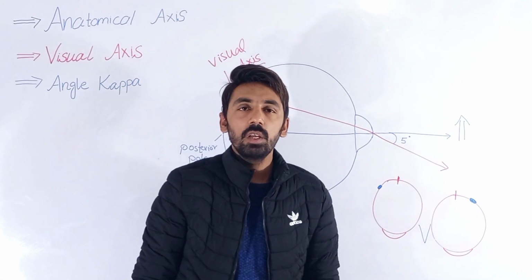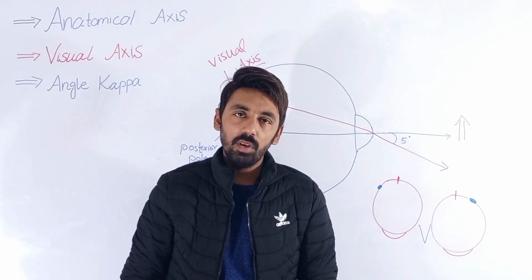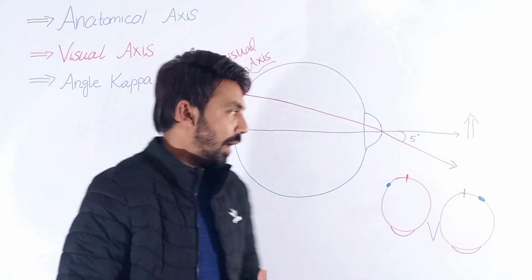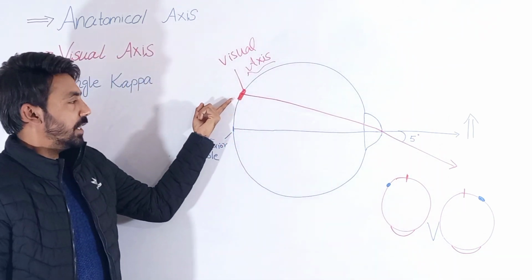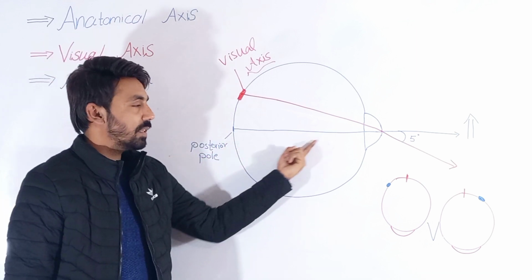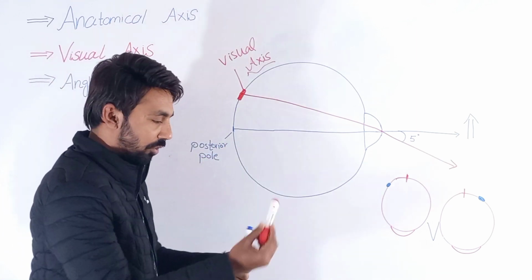Now we will learn about the positive angle kappa and negative angle kappa. The angle kappa is positive when the fovea centralis is slightly temporal to the anatomical axis of the eyeball, right? I can write it for you.